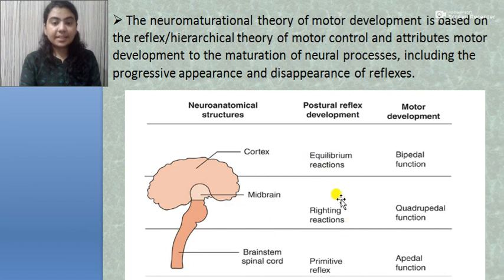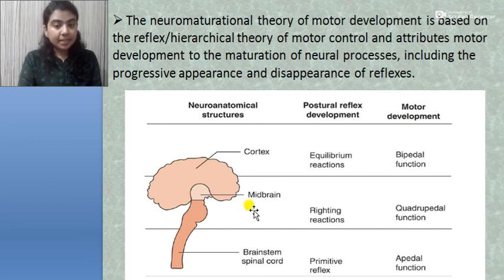The midbrain carries out the righting reactions. The brainstem and spinal cord carry out the primitive reflex patterns. So if we look at motor development, the cortex helps this development in that only if the cortex is fully matured will bipedal function be able to be carried out.